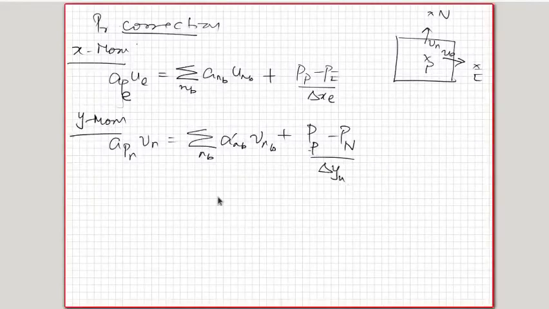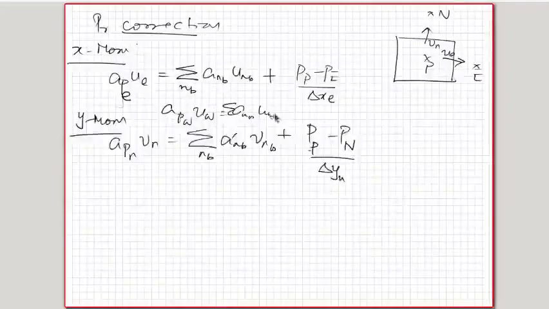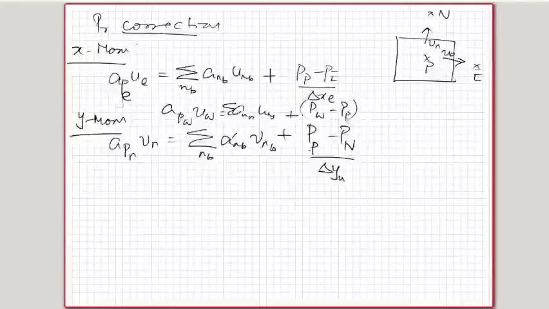Now, in the same way I can write APW UW is equal to summation over the neighbors of A and B, plus PW minus PP divided by delta XW.